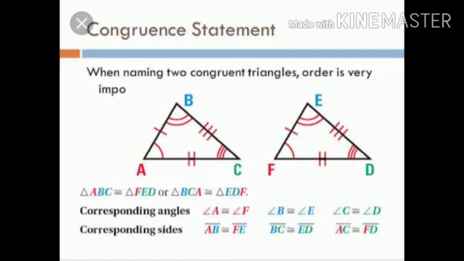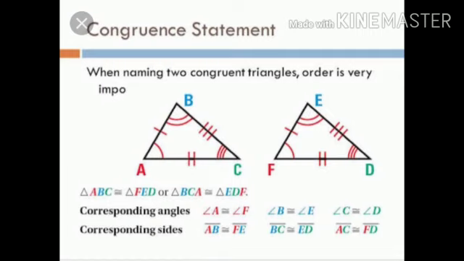Corresponding sides are, listen, AB corresponds to EF. Okay. AC corresponds to FD and BC corresponds to ED. Isn't it? Then corresponding angles. Okay. Angle A corresponds to angle F. Angle B corresponds to angle E. And angle C corresponds to angle D.